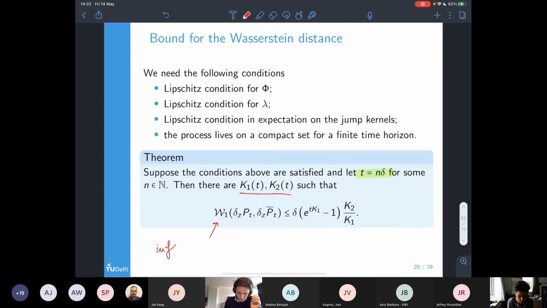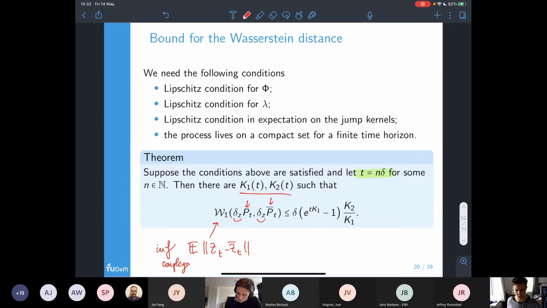Very informally speaking, we have the infimum over couplings of this expectation, so we're comparing the two processes pathwise. Here we're starting both processes at point Z, the same state at time 0. This is the semigroup of the continuous time process, and these are the transition probabilities of the approximation.